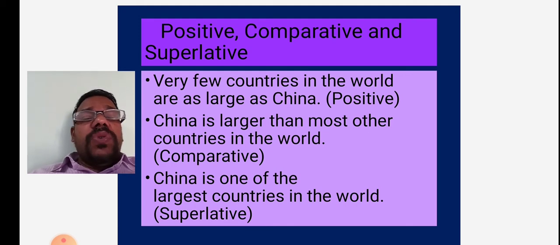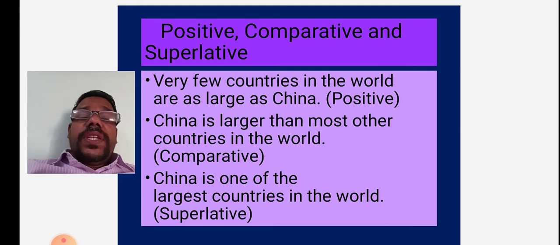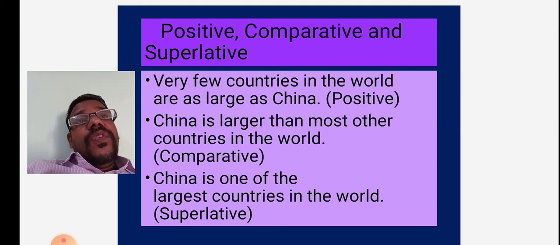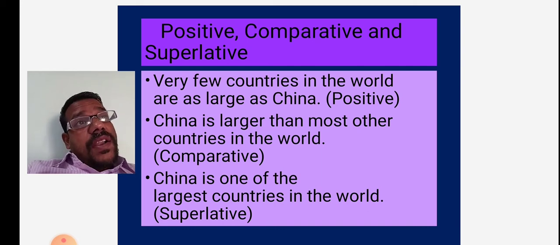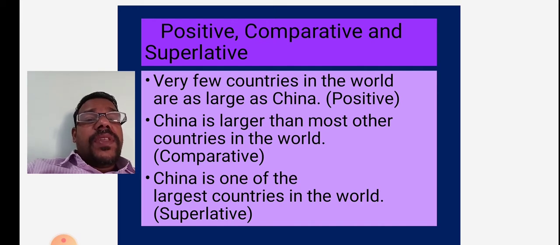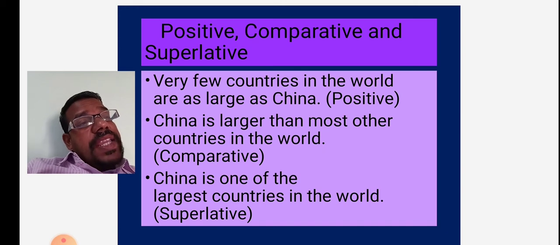And when we come to the superlative degree, we are pointing out China as one. There are many countries which are large. Out of that, one is China.